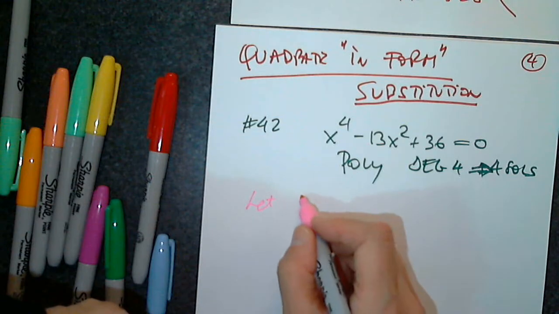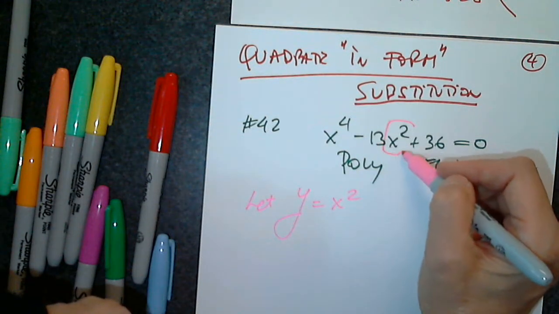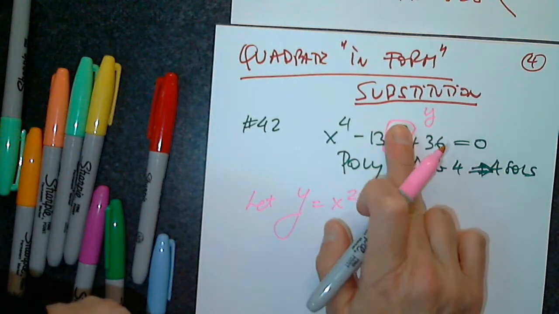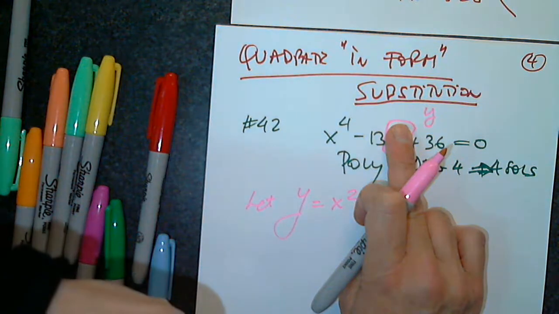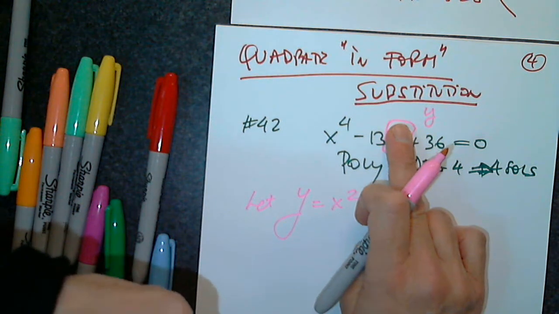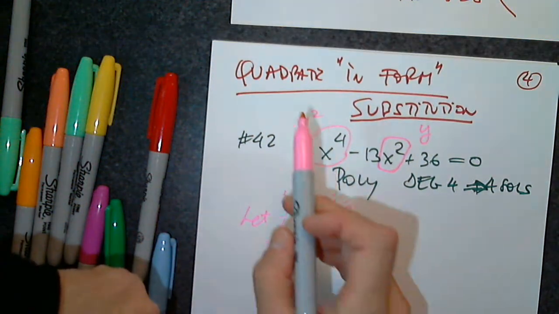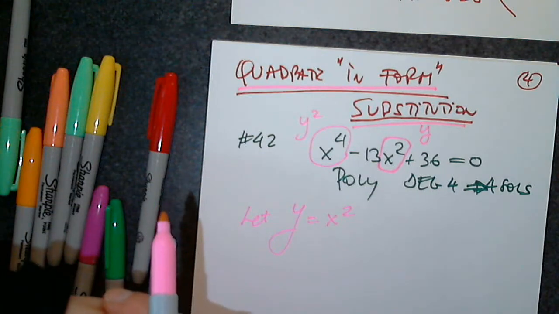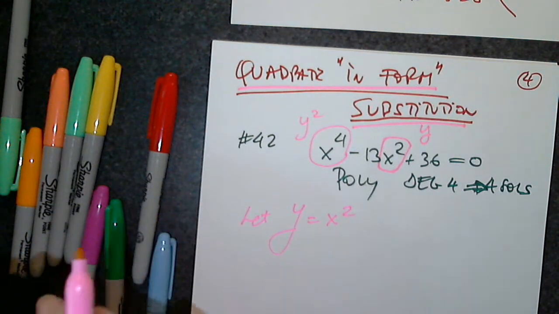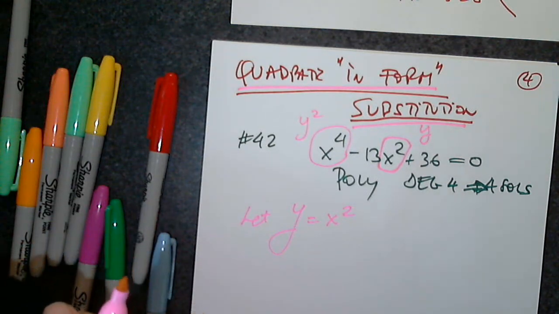So if I let y be x squared, what could this be denoted by? y squared. Yes, this piece is y squared. Why is this possible? Because this equation at the core is quadratic. It's not quadratic, it's polynomial degree 4, but at the bottom of its heart, it's quadratic.